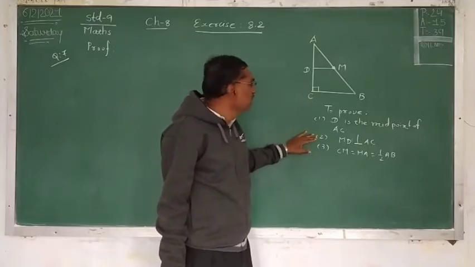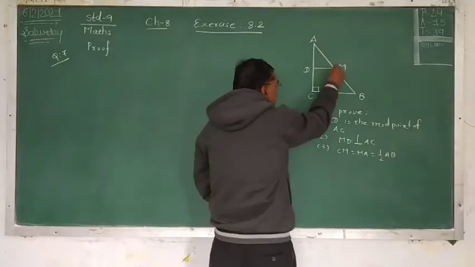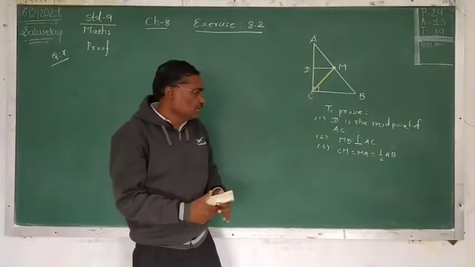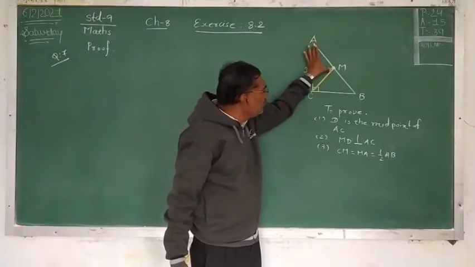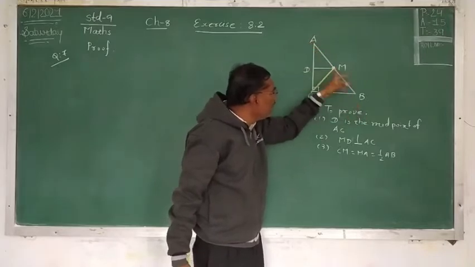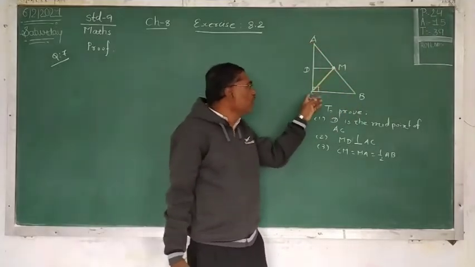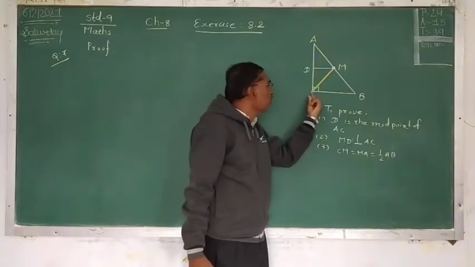And third, CM. We have drawn one more segment CM. CM equal to AM equal to 1 upon 2 AB, half of AB. Why have we drawn this line? Because to prove that, we need CM. So draw CM also.